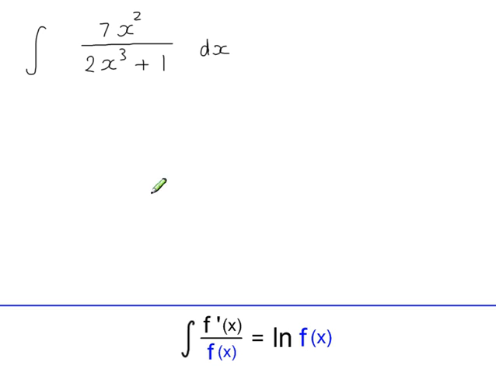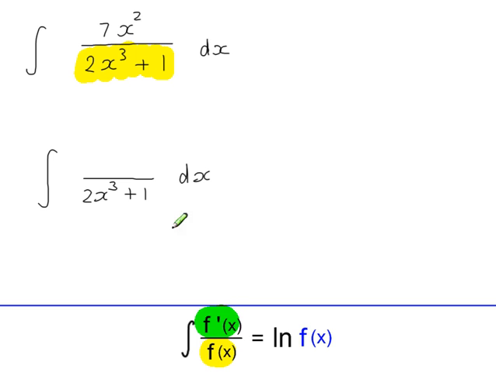So if we start off with f of x, the denominator, 2x cubed plus 1, then f dash x, which goes here, will be 6x squared, and this will give us ln 2x cubed plus 1, ln f of x.